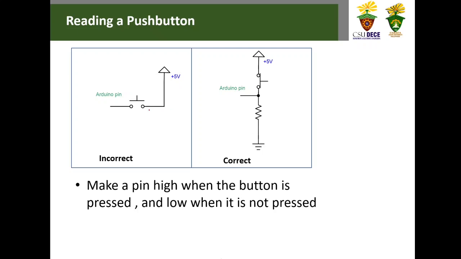Murag float lang siya. So naa siya sa meta state nga ambiguous ang iyahang reading. So dili siya guarantee nga naa siya sa low when it is not pressed. So dili siya certain if it is low or high. So it must be corrected, right? So X ni siya nga configuration.